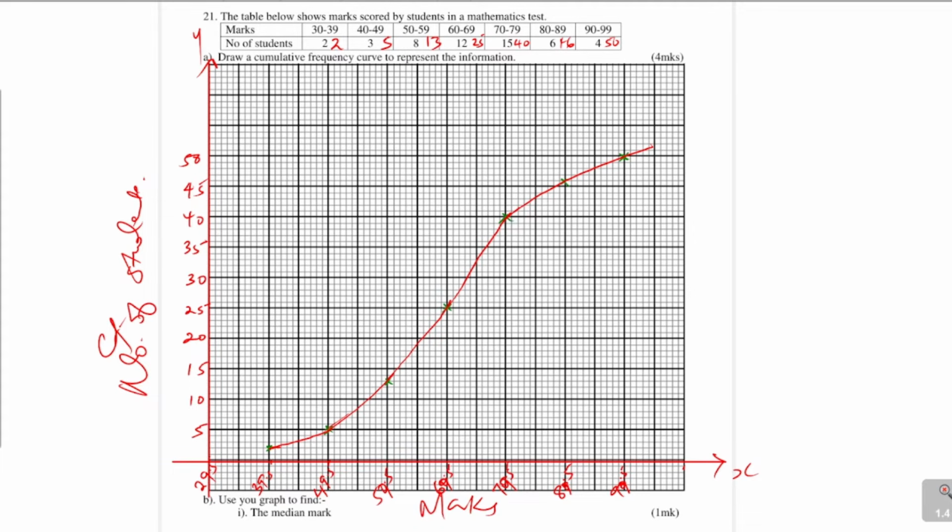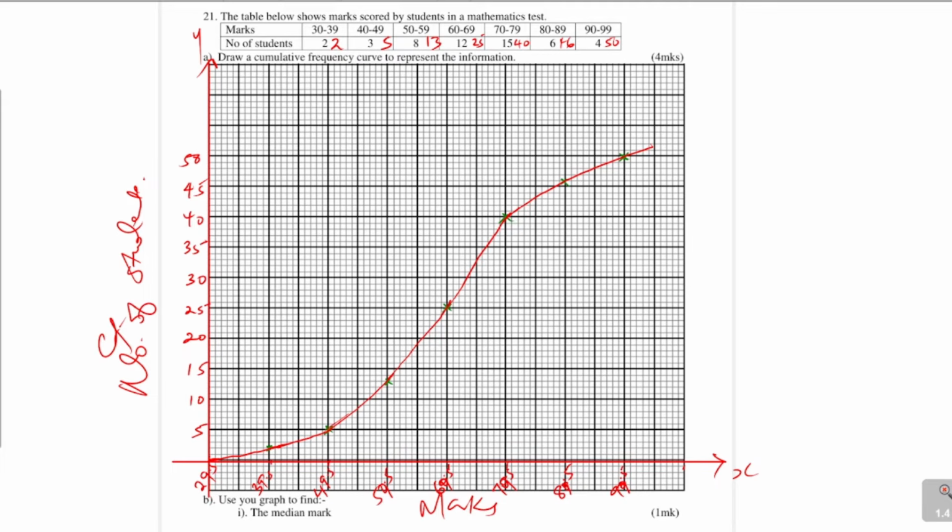After you've drawn that, to ensure that your curve is not hanging, ensure that the curve passes through all the points that you have indicated. You have to anchor your curve by joining it straight to the starting point like that. So that is the cumulative frequency curve.